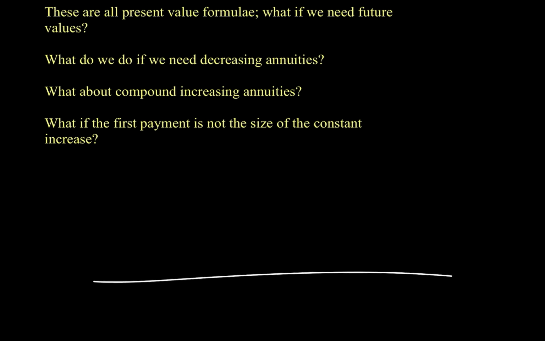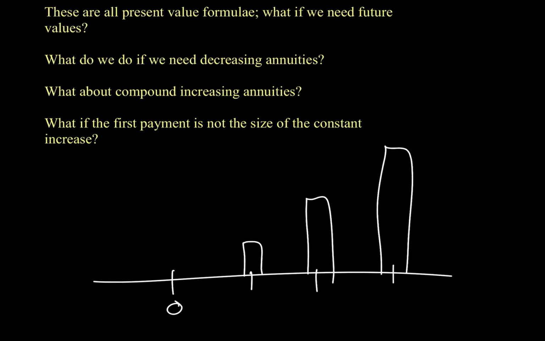Okay, so if you had a timeline like that with time 0, time points going on, now what we know is when we have increasing annuities that look like that, constant increase, and that constant increase is the same size as the first payment. Now we want to know, how do we get a decreasing annuity?